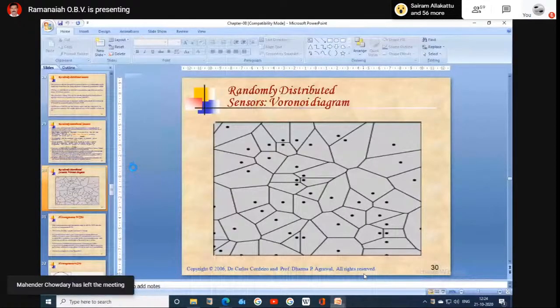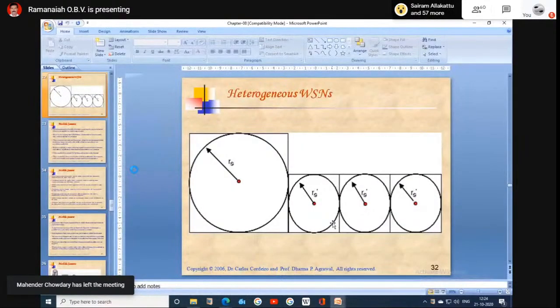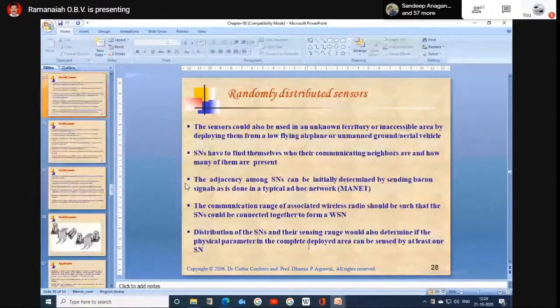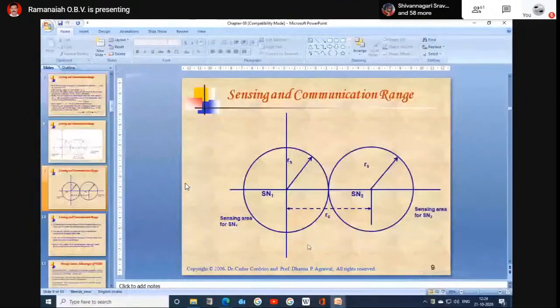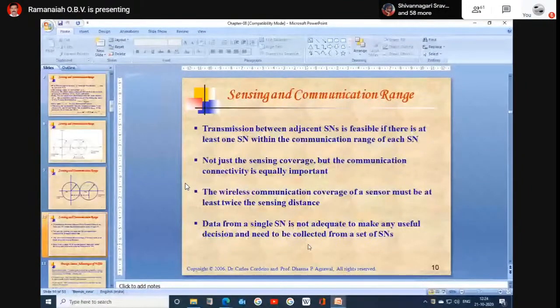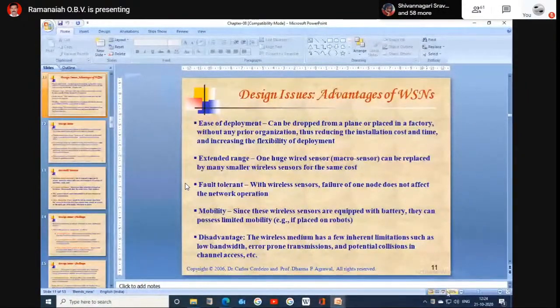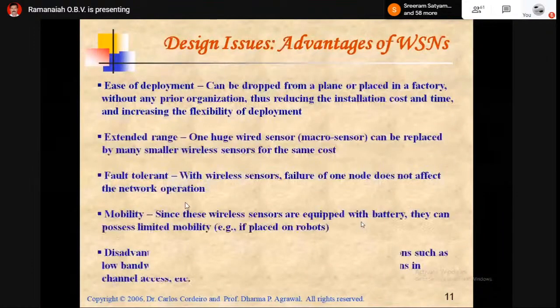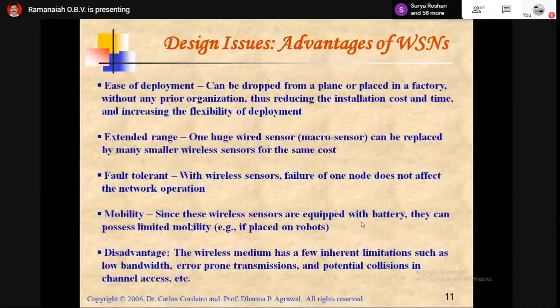So this is about placement. We will come back to the design issues. Yesterday we could not discuss the design issues. So I mentioned these things: advantages of deployment, extended range, fault tolerance, mobility.